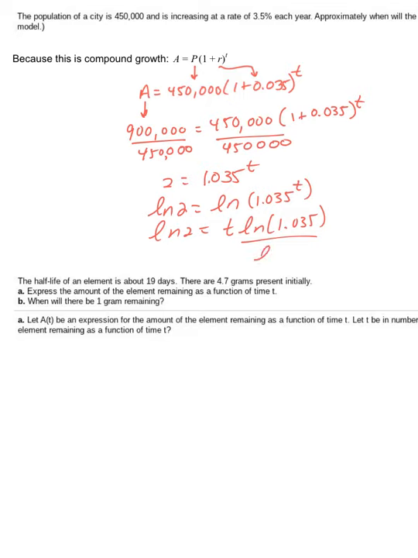And you can divide both sides by ln of 1.035. You end up getting something like 20.1, but it's said to round up to the nearest integer. So make sure that you round up, so it was 21 years for this problem.